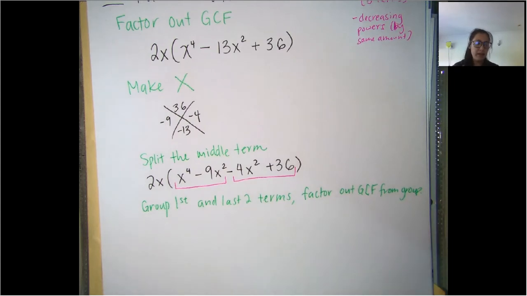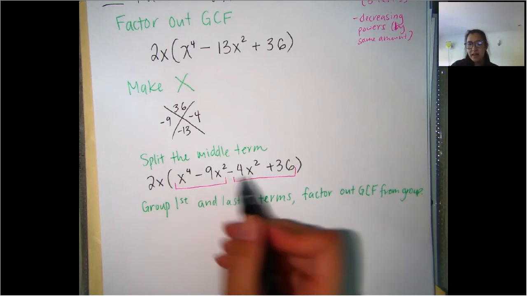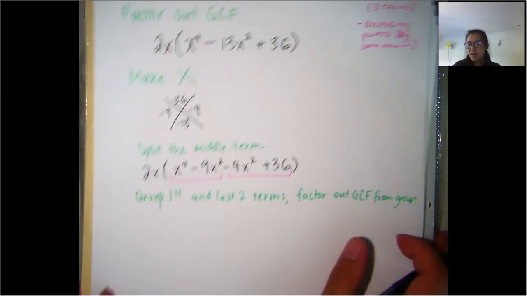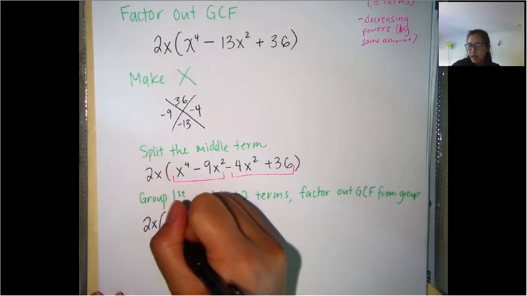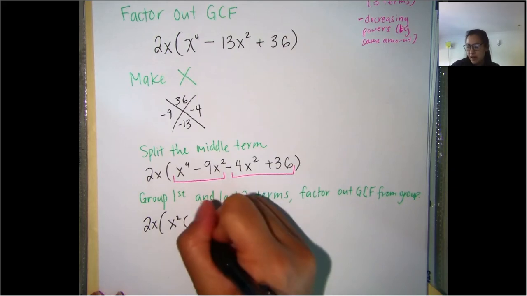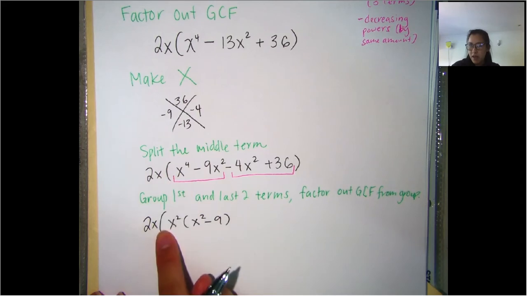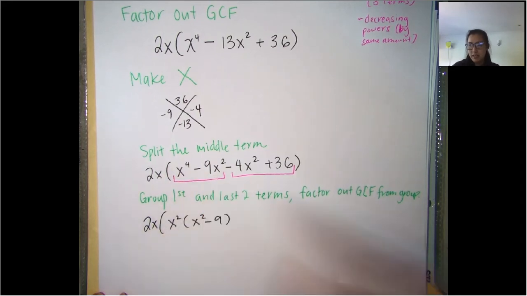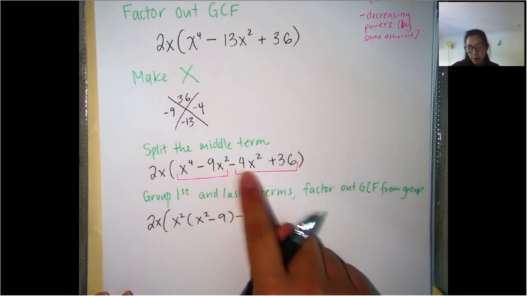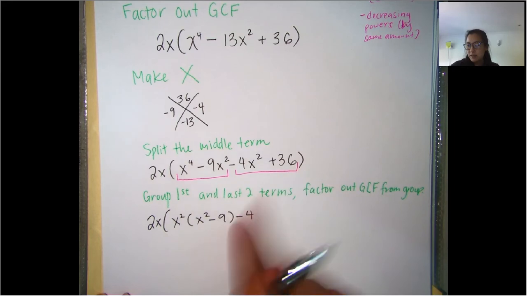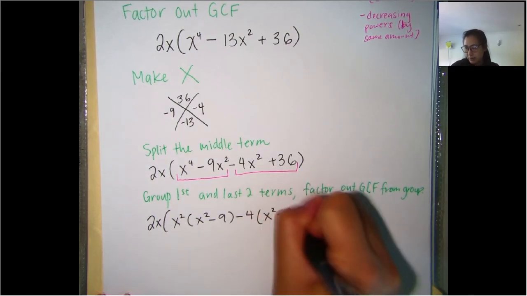The greatest common factor between x to the fourth minus 9x squared is going to be x squared. So we're factoring out an x squared, so you have 2x times x squared times x squared minus 9, because x squared times x squared is x to the fourth, and then x squared times minus 9 is the minus 9x squared. Then we have the minus 4, because the greatest common factor between negative 4x squared and 36 is minus 4. So we have minus 4 times x squared minus 9.